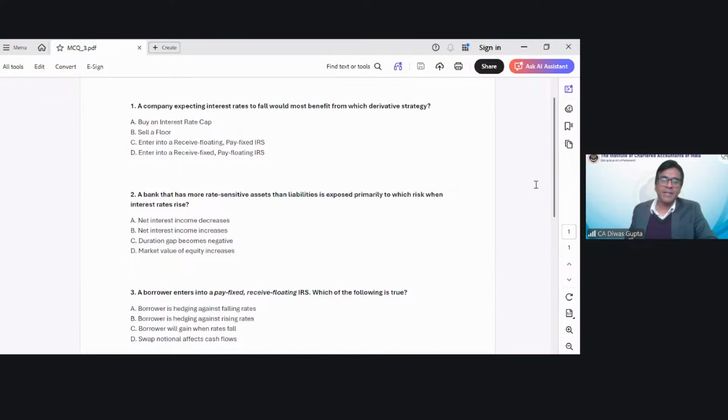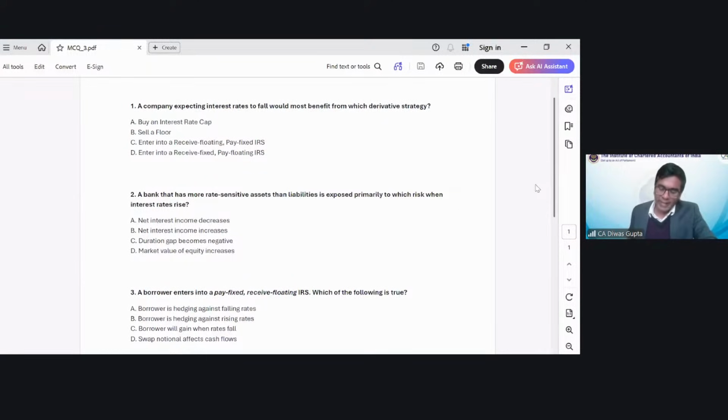So the right answer here is, sorry, in case the interest rates are going to fall, then you are going to benefit from D, which is enter into a receive fixed and pay floating, because you will pay floating, which is a lower interest rate, and receive fixed. Okay. So I think Saminathan, you are right.